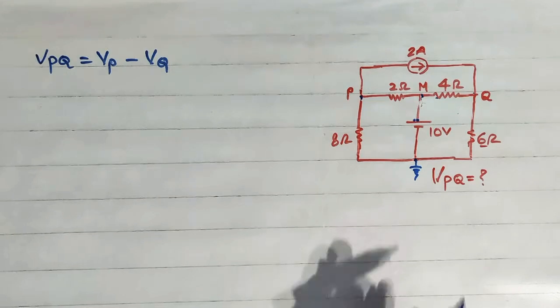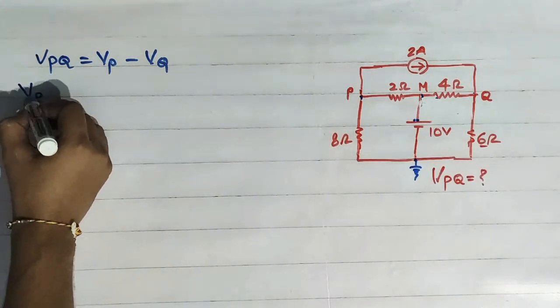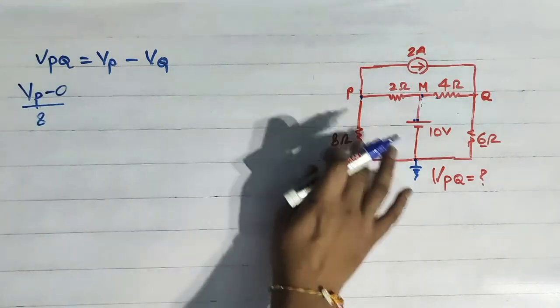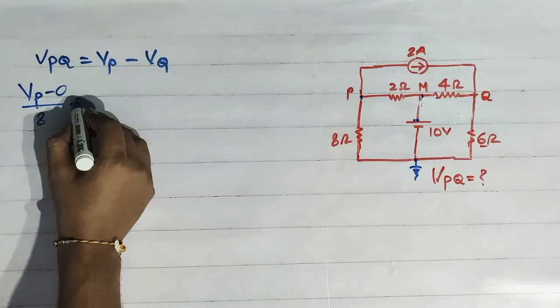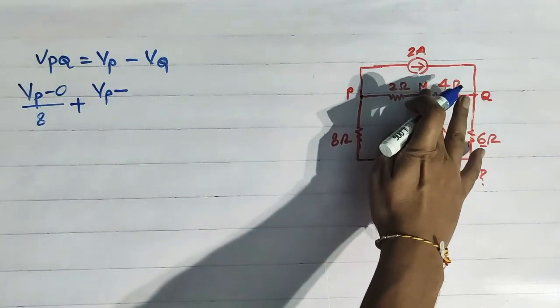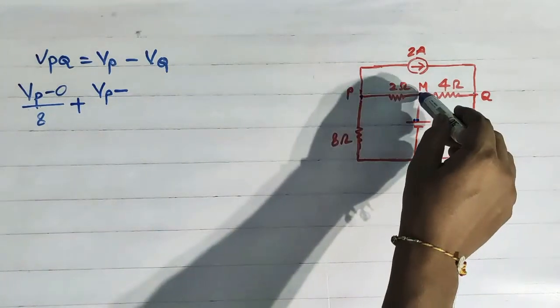So when this node acts as the reference node, we can write the nodal equation as (VP minus 0) by 8 plus (VP minus the voltage of node M) by 2. Now what is the voltage at this node M?